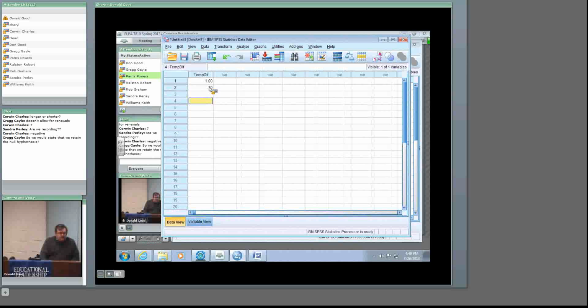Hold on. 1.1, 1, and 1. Okay. So those are our difference in temperature for a 10-year period of time. How much difference that year's average temperature was over the long-term average temperature.